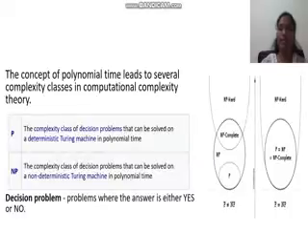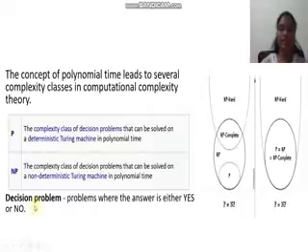Now, as this polynomial time concept has come up, it leads to several complexity classes in computational complexity theory. The main complexity classes that we are going to discuss here are P and NP.